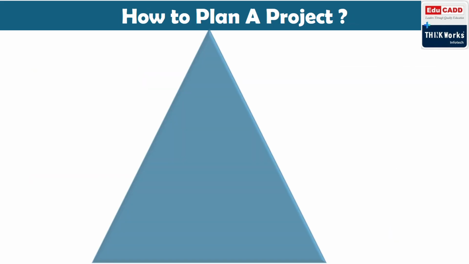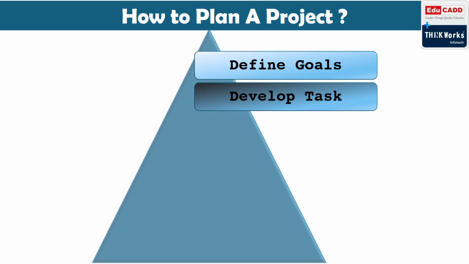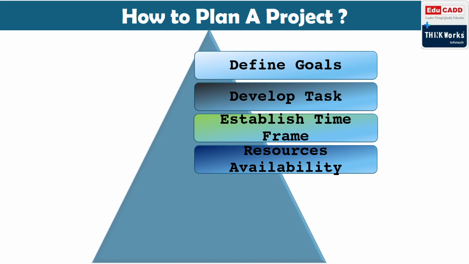So then how to plan a project? Before starting to enter the details in MS Project, we should know how to plan a project. First we have to define a goal, we have to develop the tasks, then establish the time frame, and check the resource availability and resource requirement.